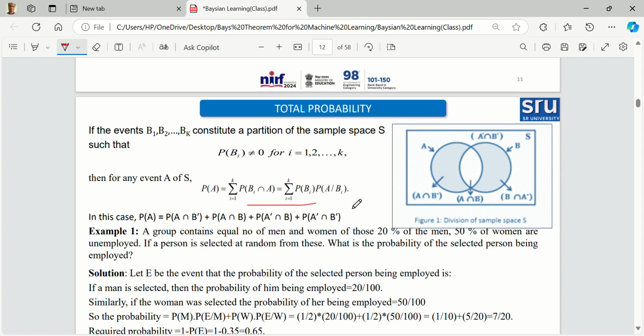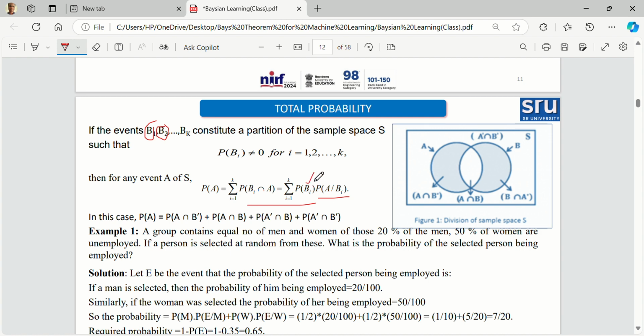So for every case we verify: for B1, what is the probability of A, for B2 what is the probability of A, and similarly up to Bk. We know this for the individual partitions.